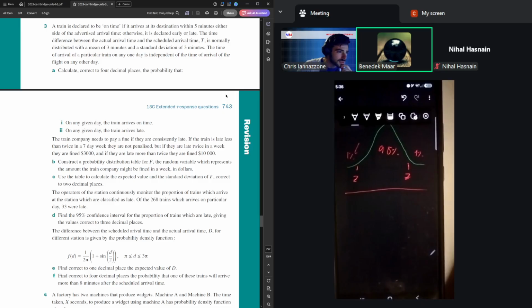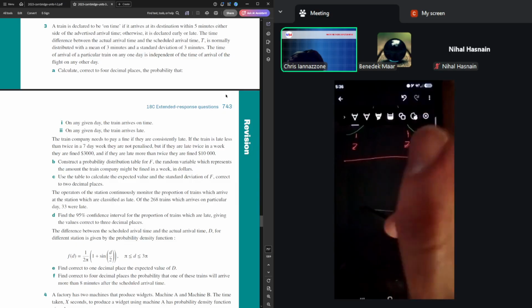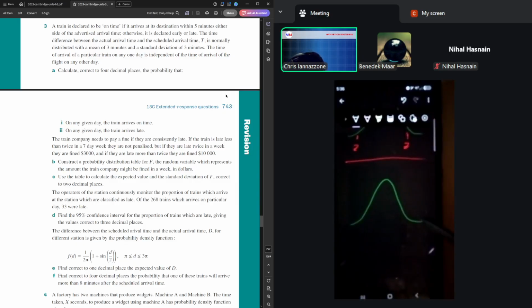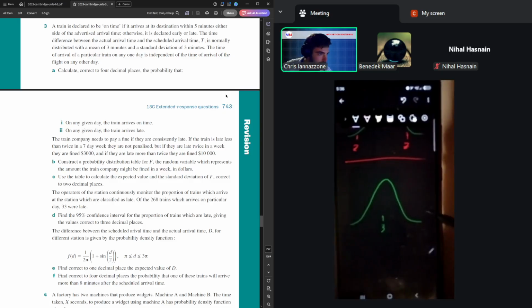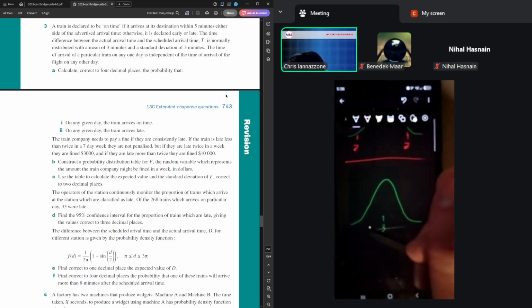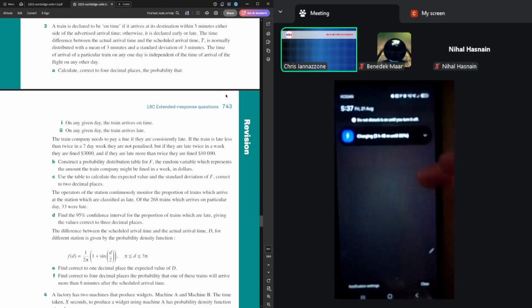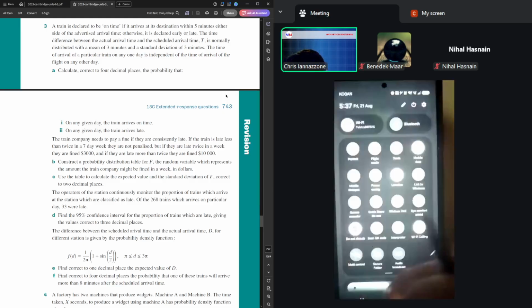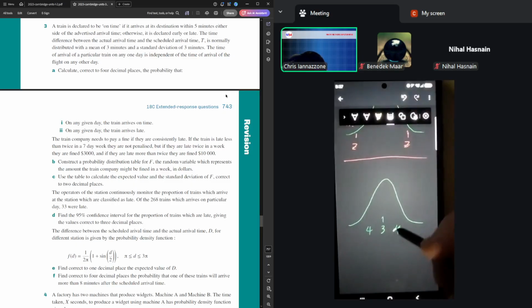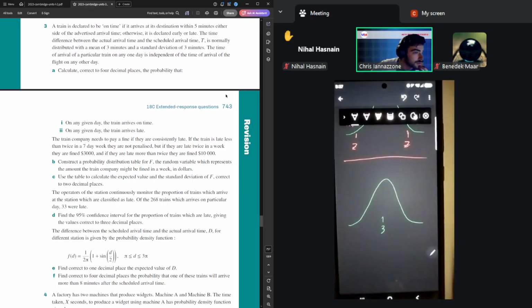Unless they did mean the modulus of that, stripping the negative off, but that doesn't make much sense for setting up the normal distribution, because with the mean sitting at 3 it doesn't make sense for numbers to go up on both sides. So it should eventually go negative. But anyway, to get the diagram of why the numbers were what they were, it was within 5 minutes either side of the advertised arrival time.